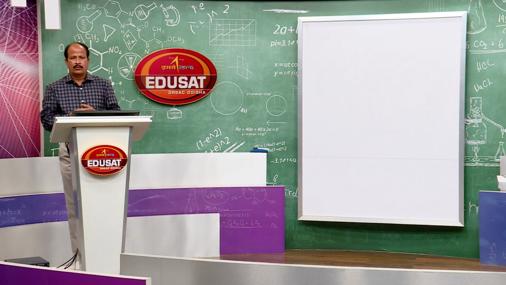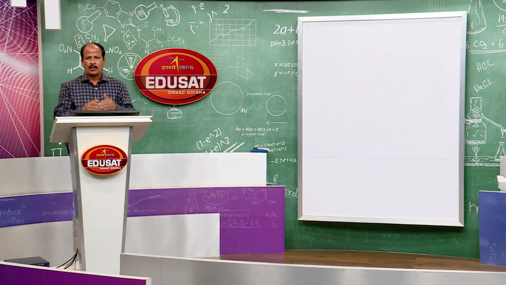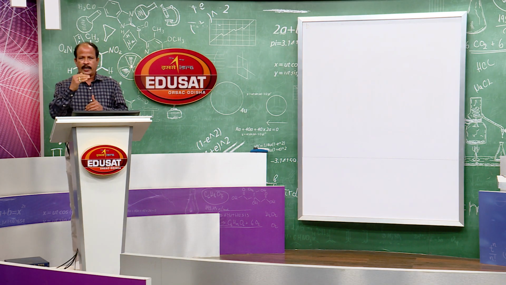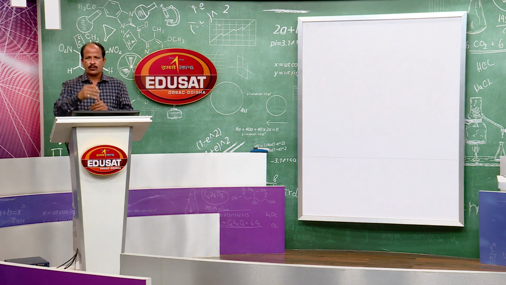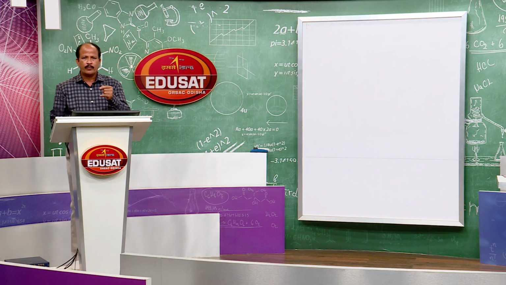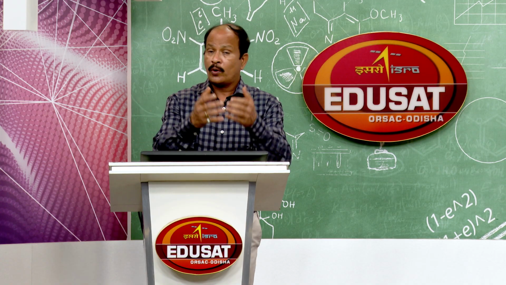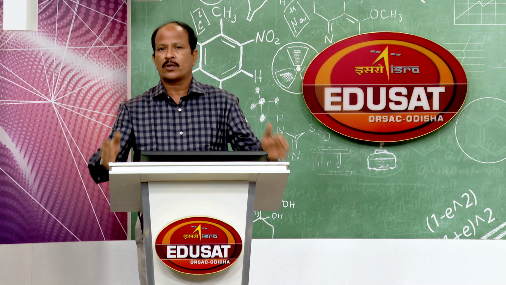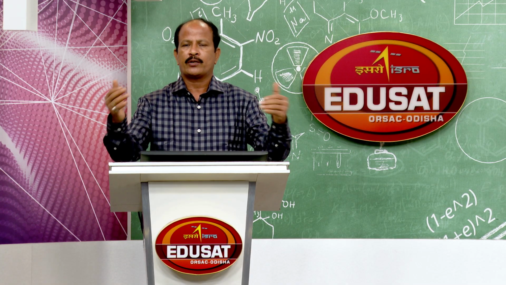Typically, flowers have 4 whorls: calyx, corolla, androecium and gynoecium. Calyx consists of sepals, corolla consists of petals, androecium consists of stamens and gynoecium consists of a carpel or many carpels. Those flowers having all these 4 whorls are said to be complete.